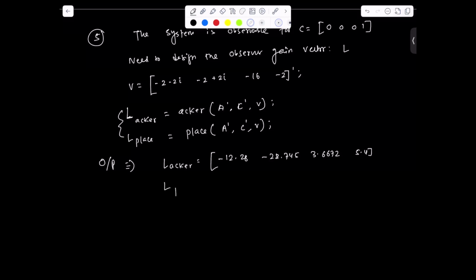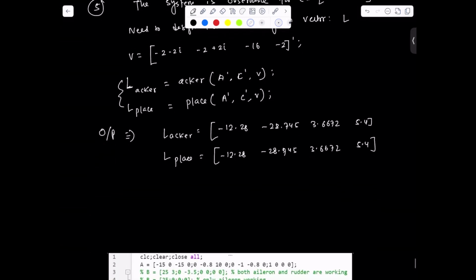And with place we are getting the same values, 12.28, minus 28.745, 3.6672, 5.4. So the same observer gain vector we are getting for these two different commands.